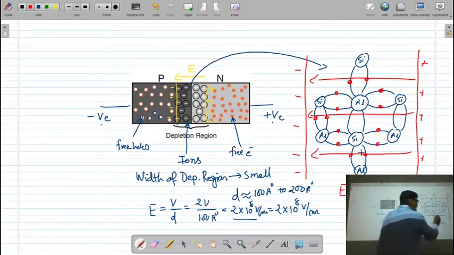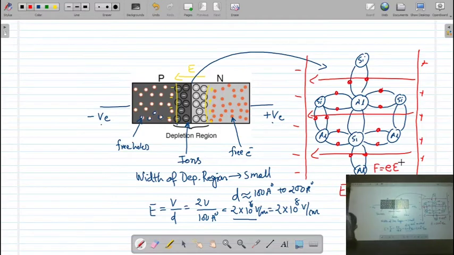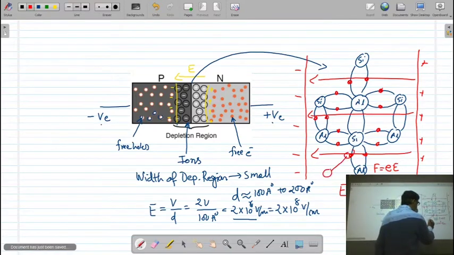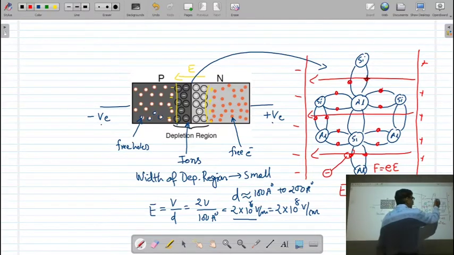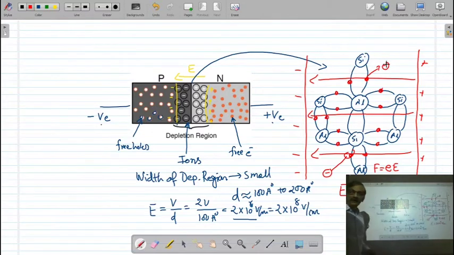So the force on the electron will be F is equal to e into E. Right? And this force is very large. So automatically this electron will come out and become free. In the same way here also, this electric field is acting on this electron, so there is a large force on it, and this electron is coming out and becoming a free electron.